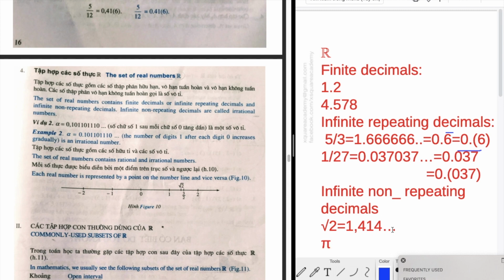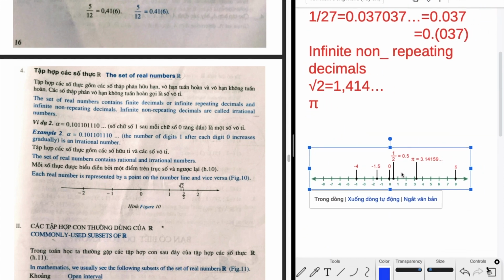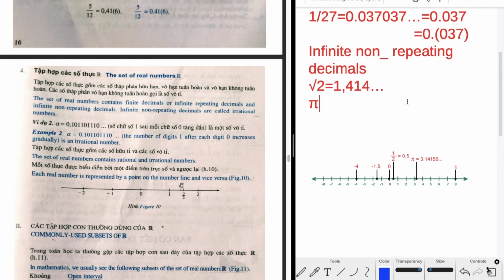From that, we infer the set of real numbers is bigger than the set of rational numbers. And this is the number line of real numbers. You can see it goes from negative infinity to positive infinity. It includes natural numbers, integers, rational numbers, and irrational numbers.